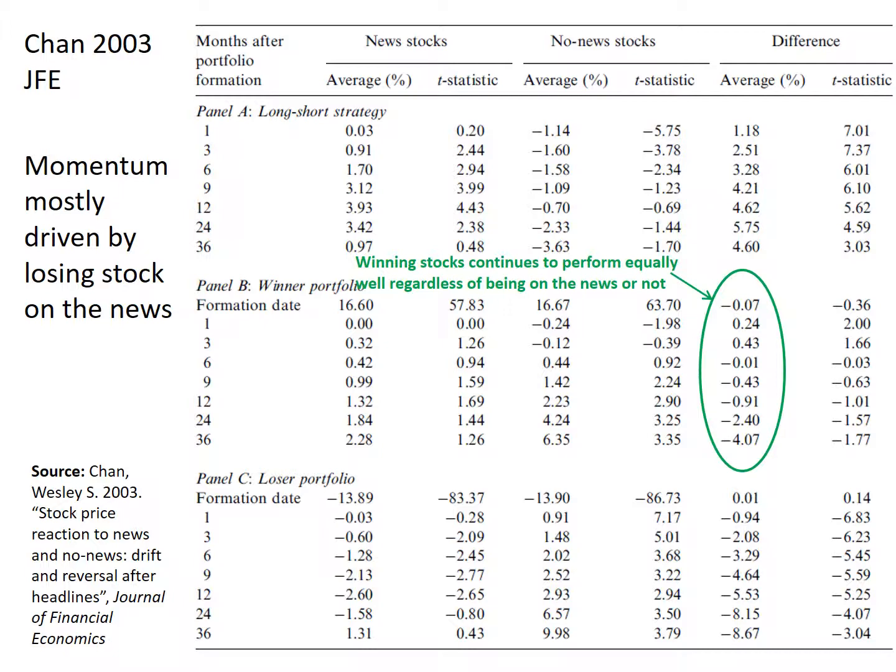As long as they are doing well in the past, they keep doing well regardless of whether they are on the headlines or not, and all the t-stats are not significant. But for losing stocks, if they get on the news, they do a lot worse. So you see that the average difference in return is very high, and the t-stats are significant.